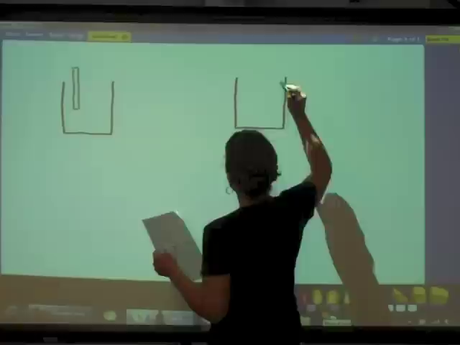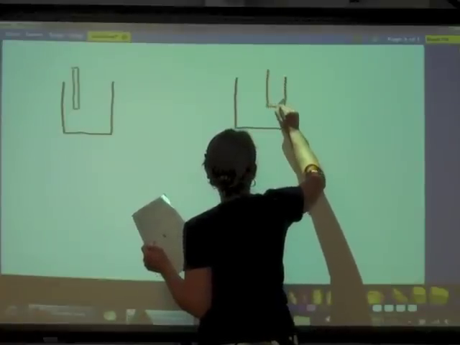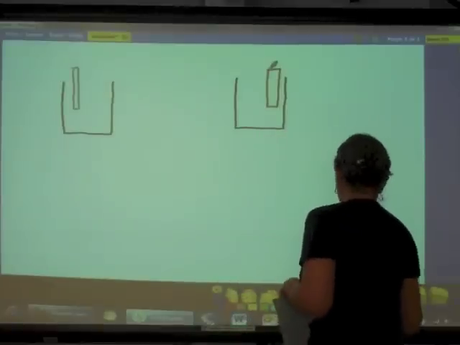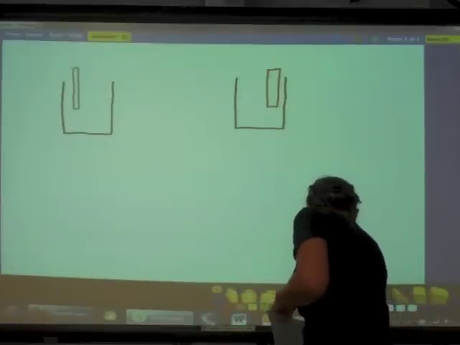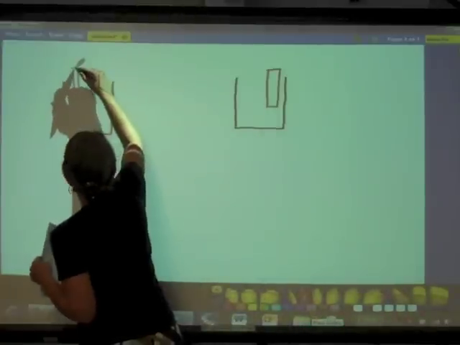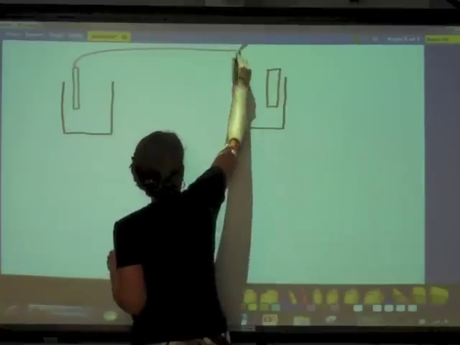Here is another strip of metal. They are attached via this really lovely pink wire.